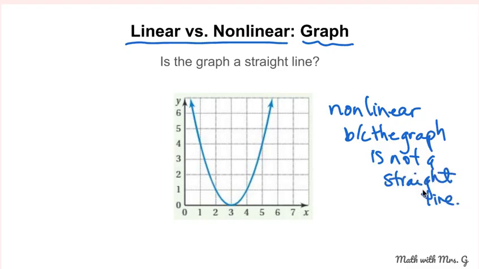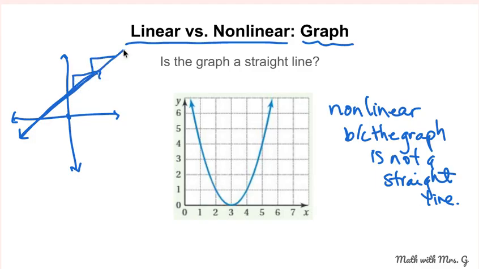Okay? Now, let's say that you have a graph that is a straight line, like this. I've had several people ask, does it have to go through the origin? No, it does not. The only qualification is that the line is straight, which means that it has a constant rise over run. Okay?